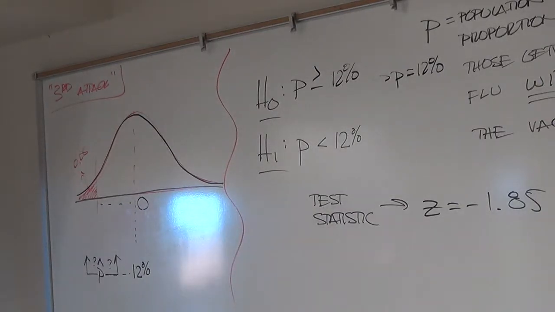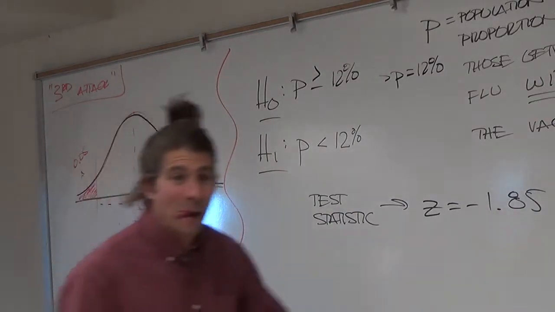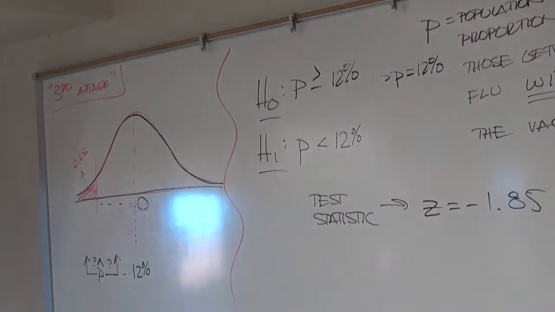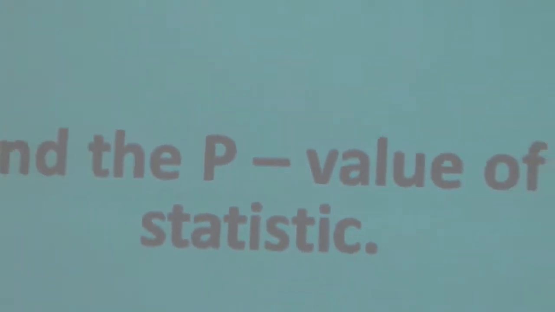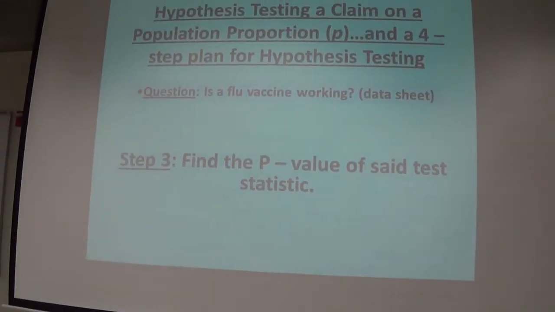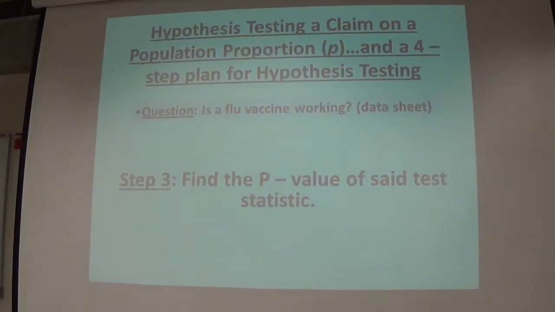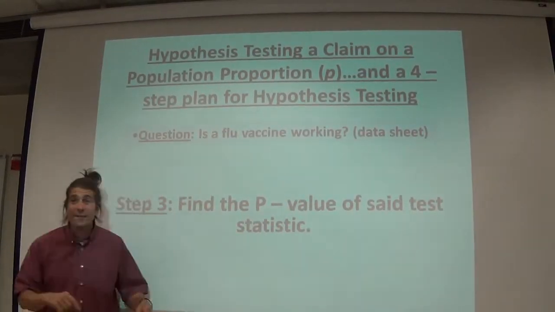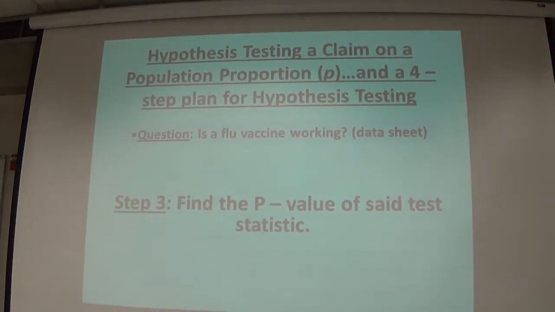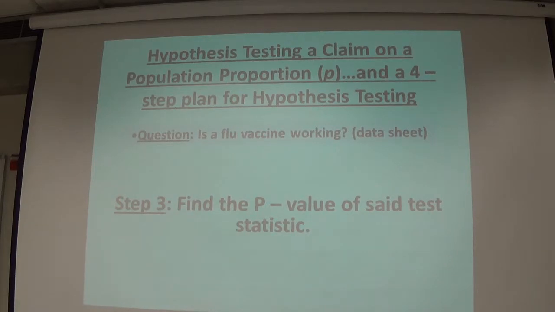You can't see that? Now you can. Here, back out. Step 3 is take your test statistic and figure out the marvelous p-value that goes along with it. And here comes the only time we're going to have to figure this out old school.